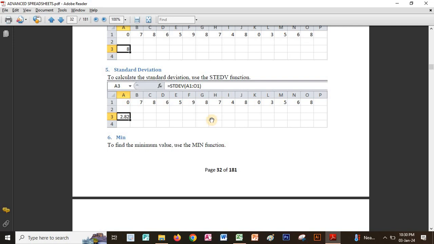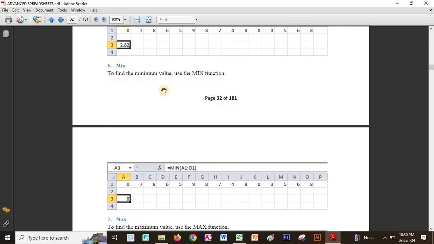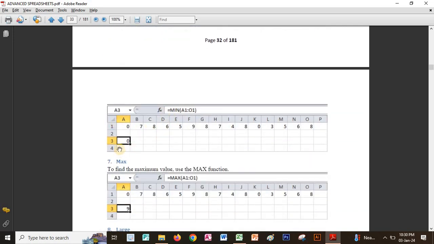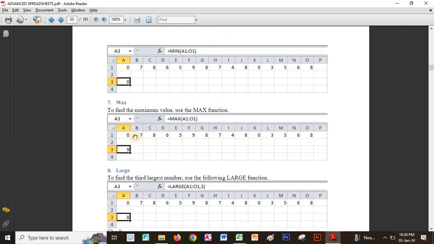This is the square root of the mean. If you look at the standard deviation of these values, you are expected to find something like this. Min is the smallest of them, so it is 0. The max is the maximum of them, it is 9.